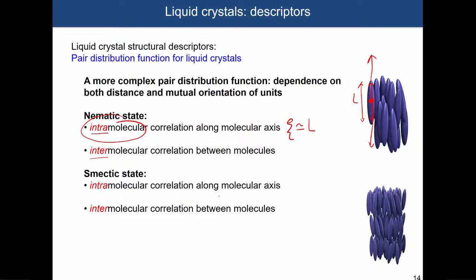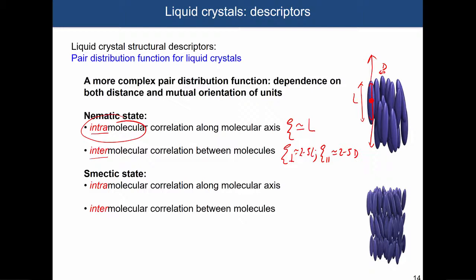So in principle, the correlation distance in the perpendicular and in the parallel direction relative to the orientation of the molecules would be roughly 2 to 5 lengths and 2 to 5 diameters, where the diameter is this dimension of the molecule. What that simply means is that although this is a liquid phase in terms of translational order, you can predict the position of individual molecules roughly at the order of 2 to 5 molecules.